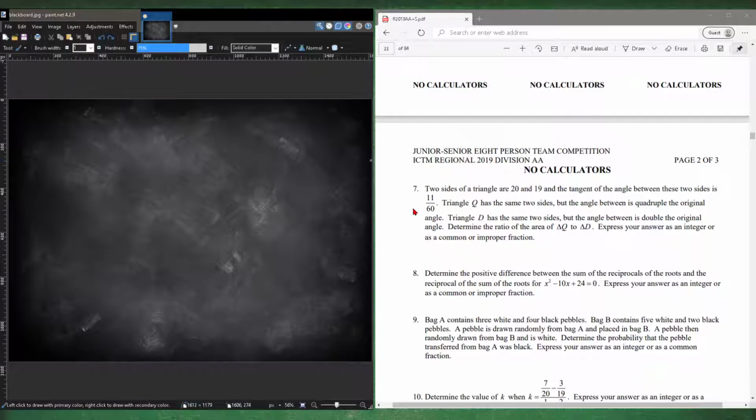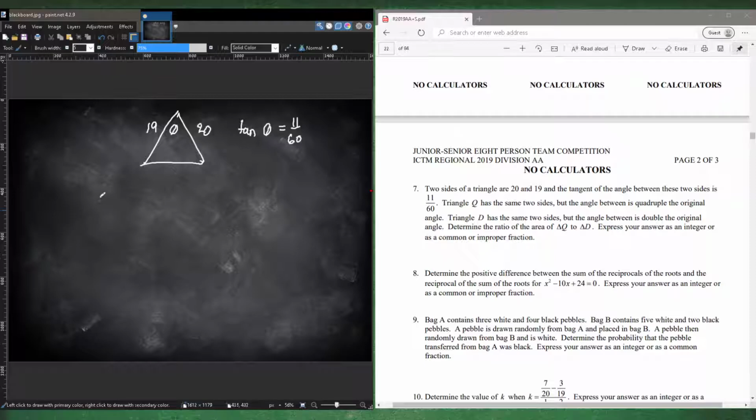So basically, let's just say we have an original triangle, and its side lengths are 19 and 20, and the angle between them is theta. And we know that tangent of theta is equal to 11 over 60. So that's what they gave us in the first sentence.